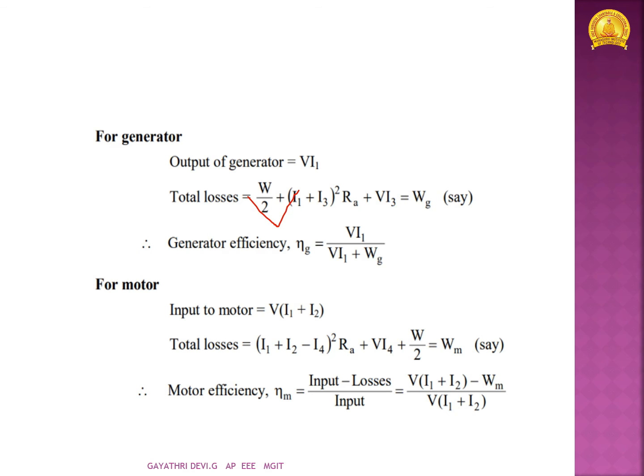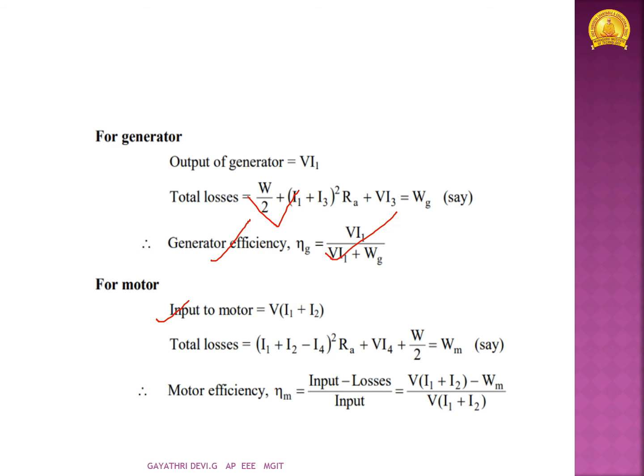So the generator efficiency is equal to output power divided by the sum of output plus losses, that is V I1 divided by V I1 plus Wg. In the case of the motor, the input to the motor can be represented as V into (I1 plus I2). The losses can be represented as (I1 plus I2 minus I4) squared into Ra, which is the armature copper loss.